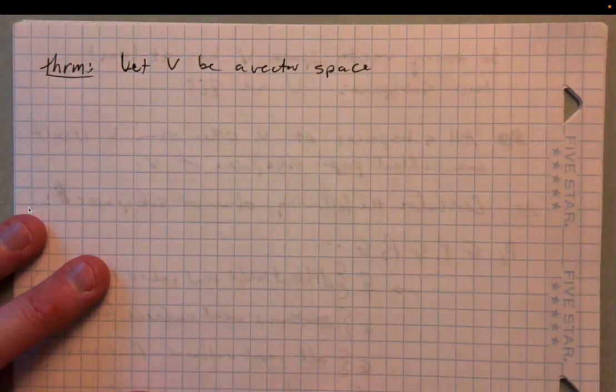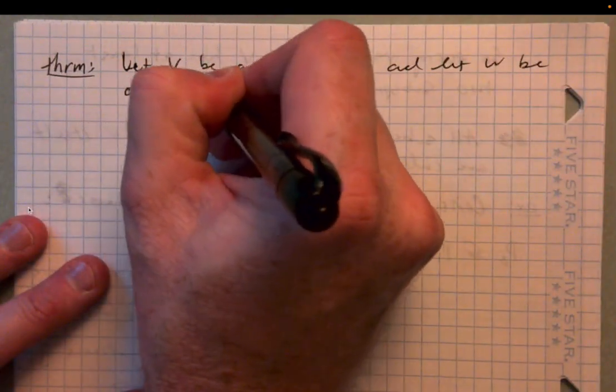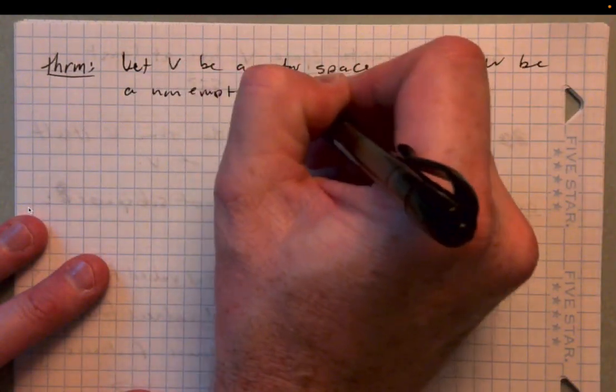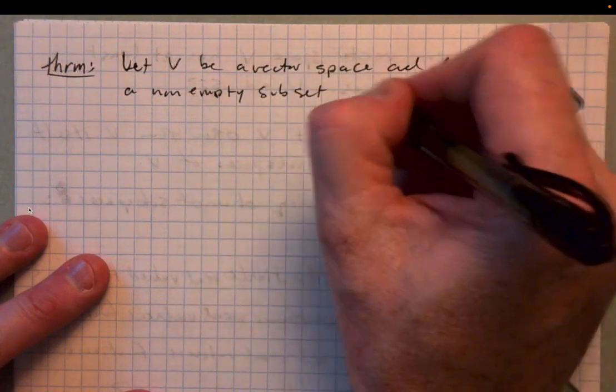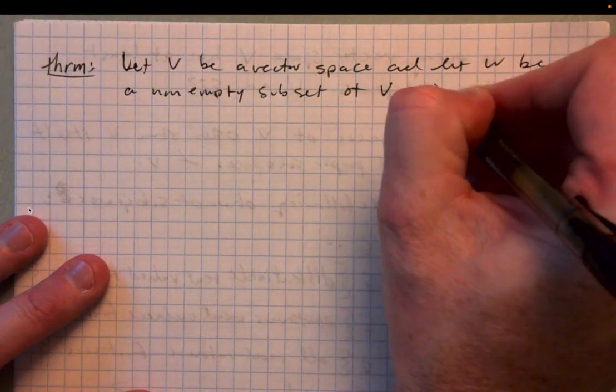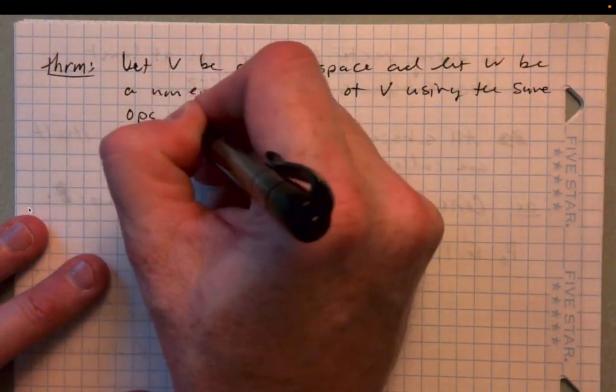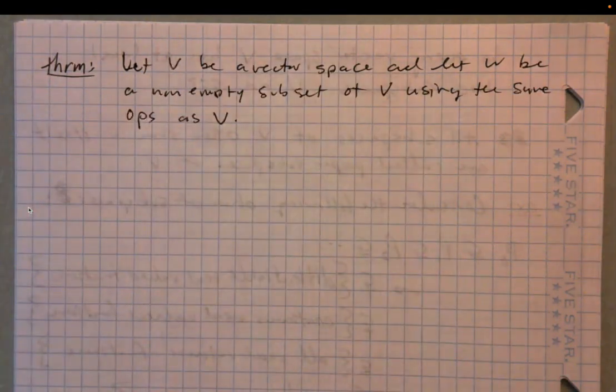Let V be a vector space and let W be a non-empty subset of V, using the same operations as V. When we're talking about vector spaces and subspaces, there are operations implied.